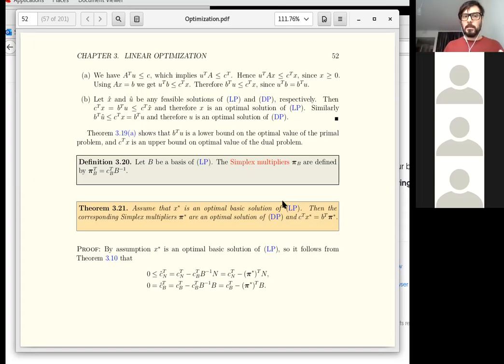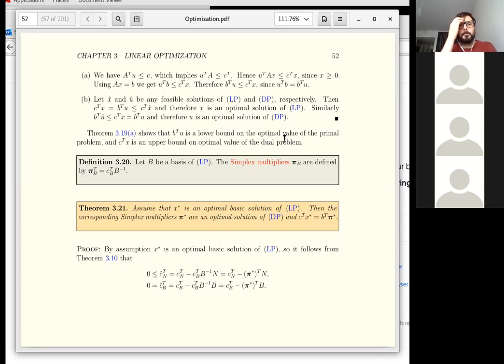Now if we take X, remember that AX equals B. If X is a solution to the original one, then it follows that U transpose AX is smaller than or equal to C transpose X, multiplying this with X. And then we get that U transpose B must be smaller than or equal to C transpose X. So whenever U satisfies the constraints of the dual, and X satisfies the constraints of the primal, then it's true that B transpose U is smaller than or equal to C transpose X.